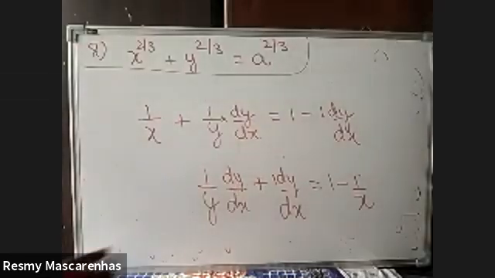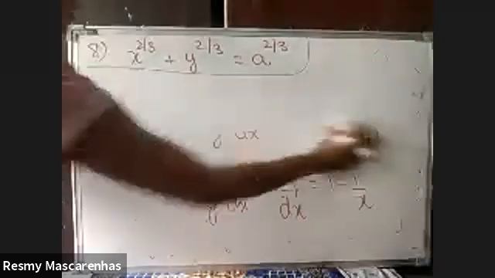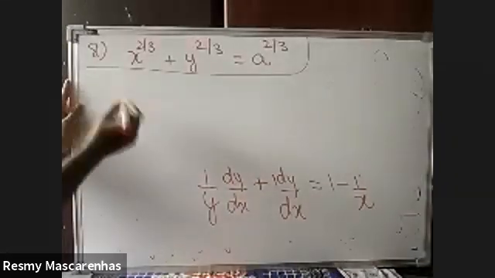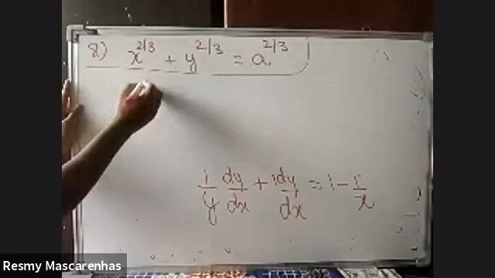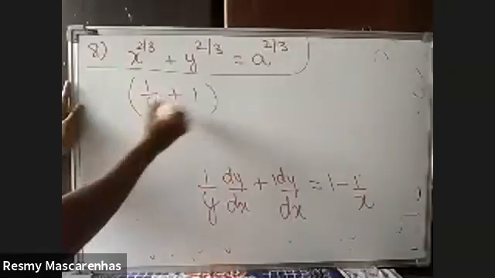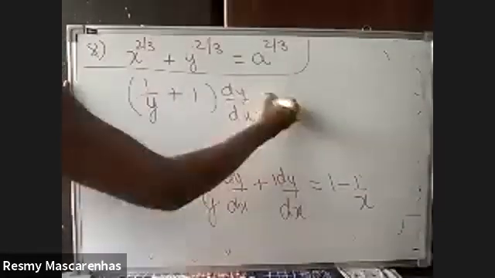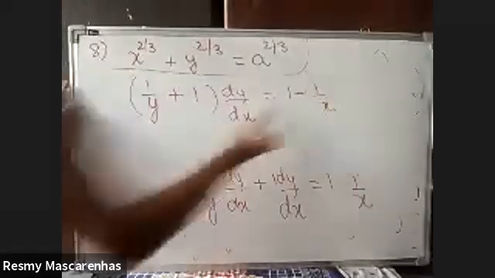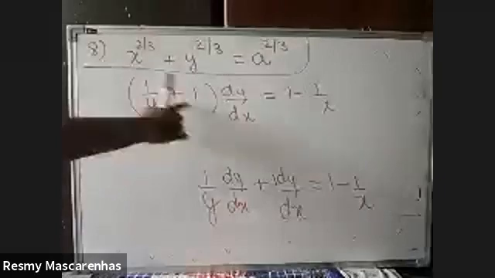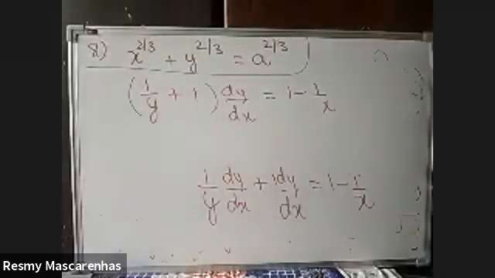So this dy by dx, take out common. So when you take out common, what you will get is, and then cross multiply and find dy by dx.